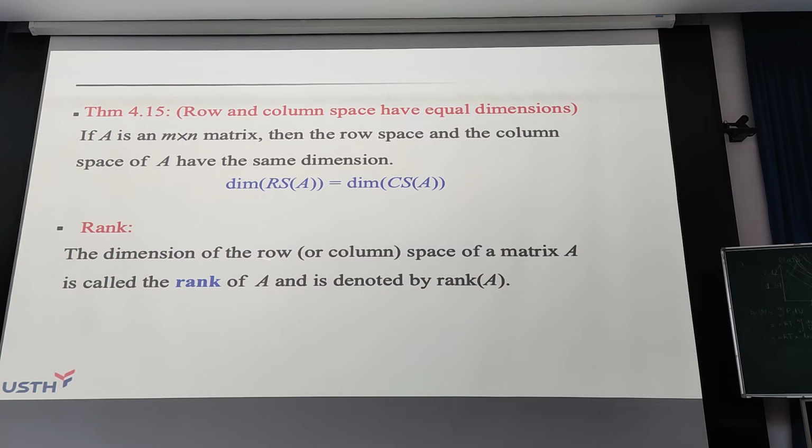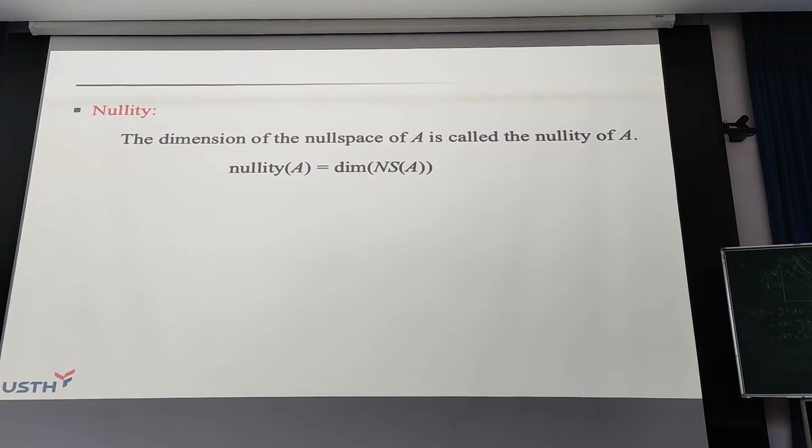Or here, the dimension of the row space or column space of A will become the rank of A, and we denote it by that, or by formula again. I write it here. And then, because we have a null space, we need to give a name for the dimension of the null space.